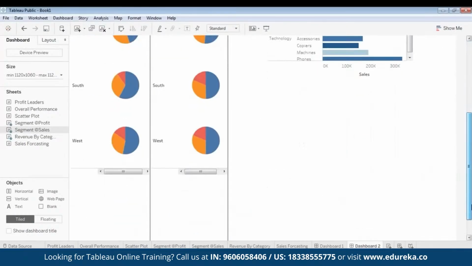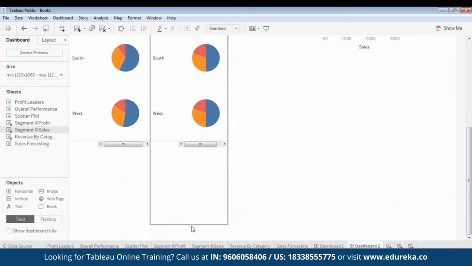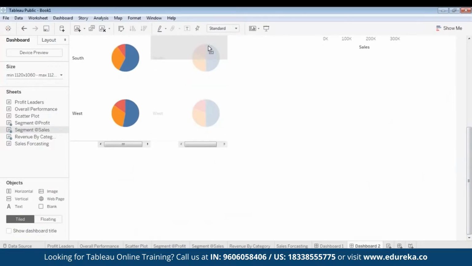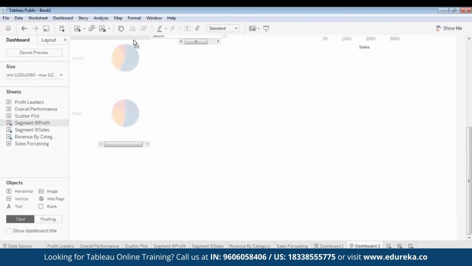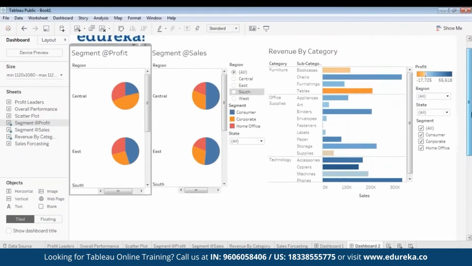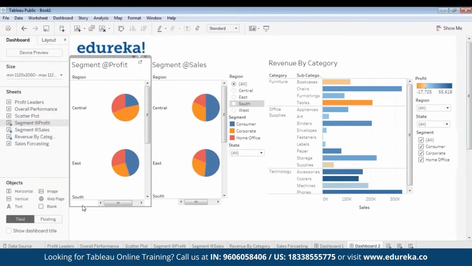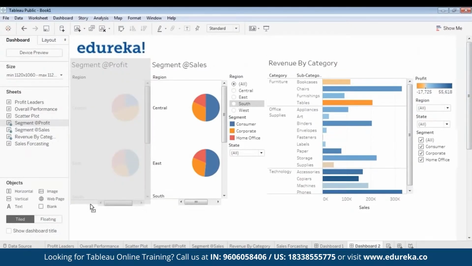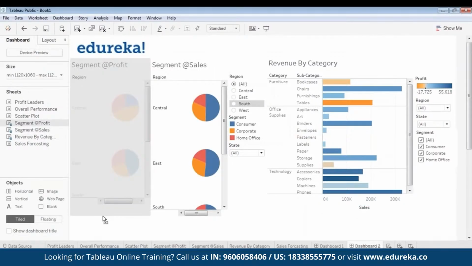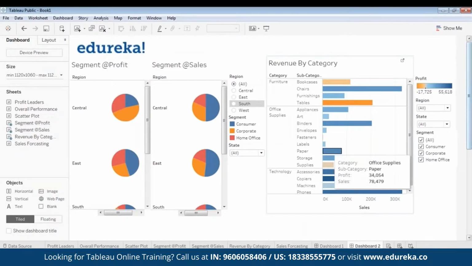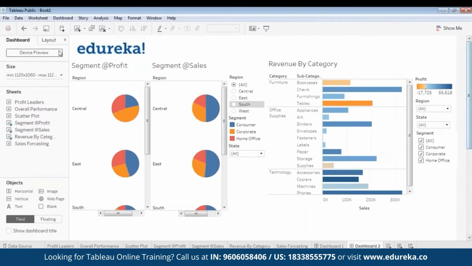Let me make this one also smaller. I'm aligning these two so that I can put my sales forecasting. Now we are good to go and add our sheet sales forecasting.